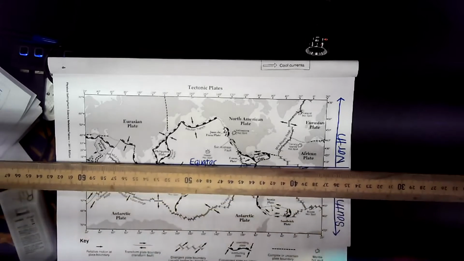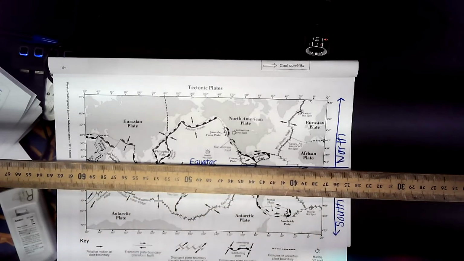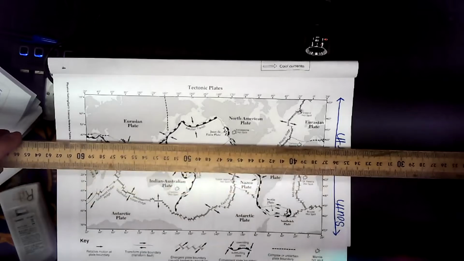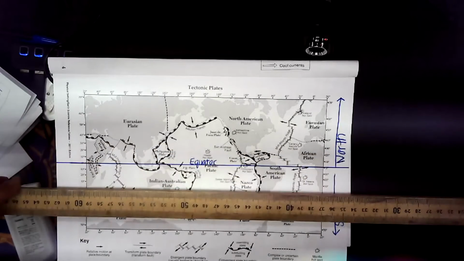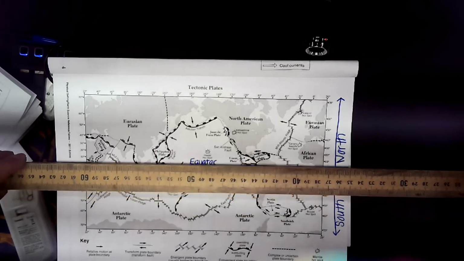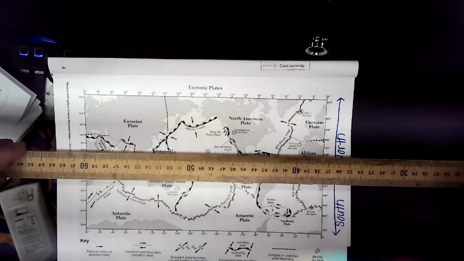Put your ruler on the equator. Now remember, latitude lines tell you how far north or south of the equator you are. So if you always start on the equator, you have to ask yourself, to get to Hawaii, do I go north of the equator or south of the equator? Yep, I had to move my ruler up the paper, so I had to go north.